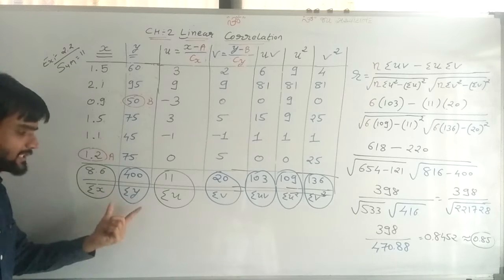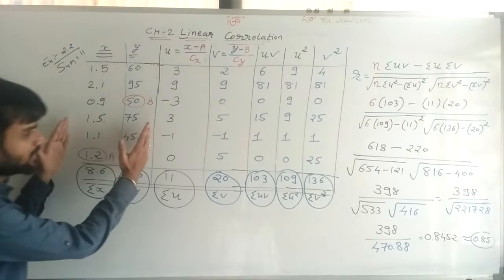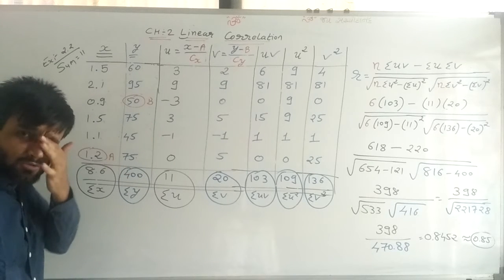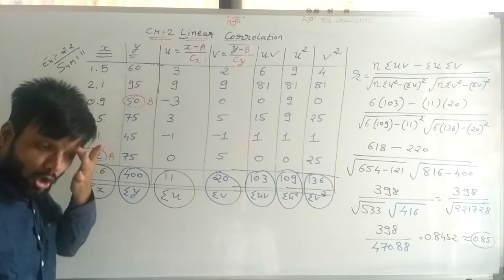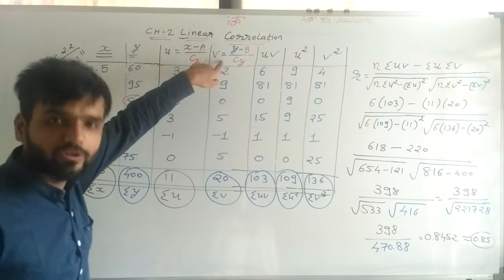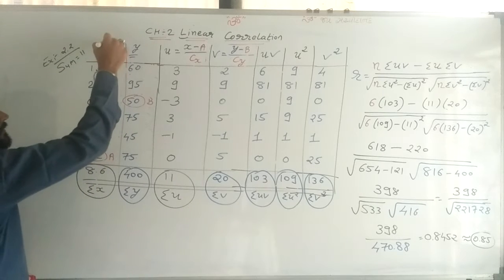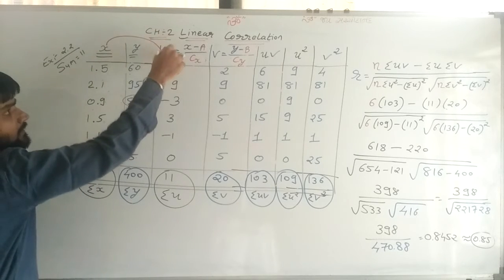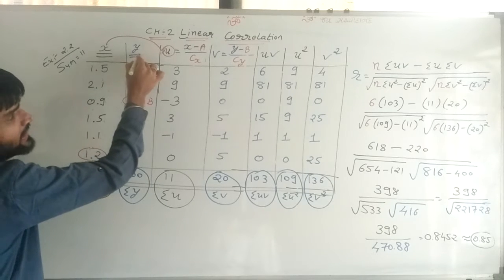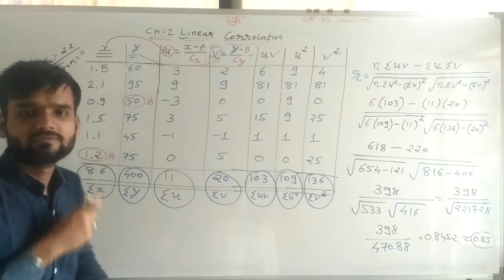Total is 400, sigma y. Now these two are given. We need to convert them into small values and normal values, and for that we are finding u and v. On the basis of x we can find u, and on the basis of y we can find v.